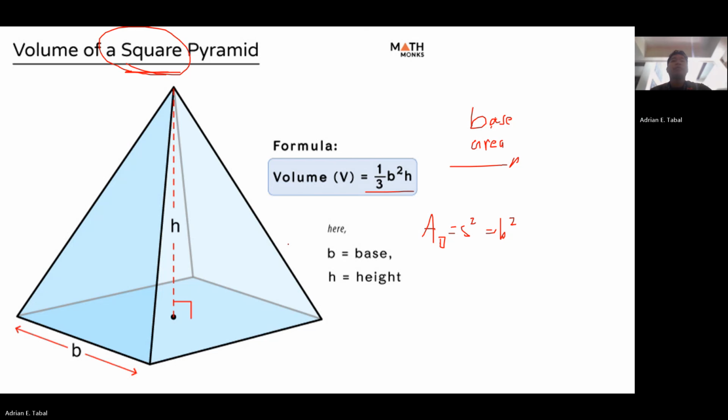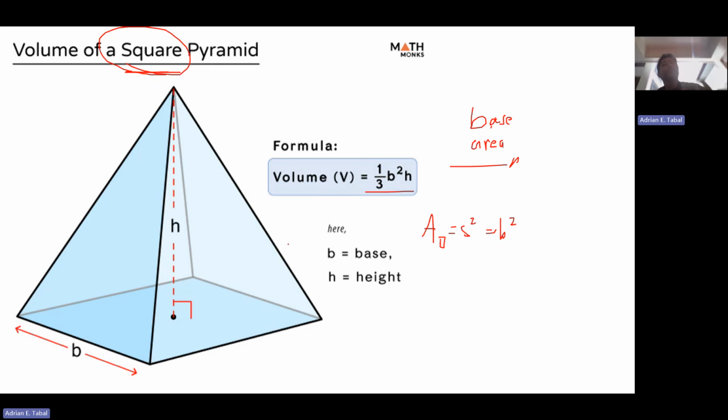So why is it one third, not one half, not one sixth? Why is it one third? Imagine a rectangular prism, maybe a box, and a pyramid that have the same base and the same height.